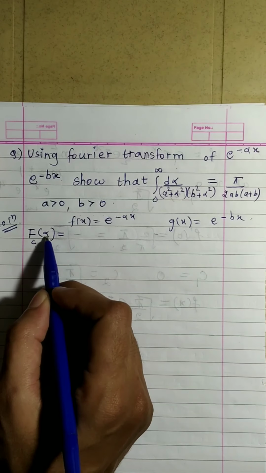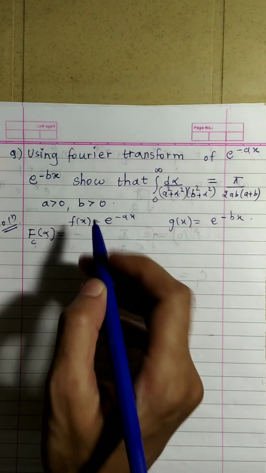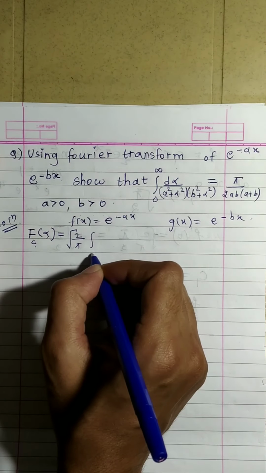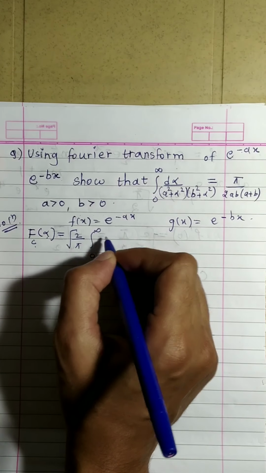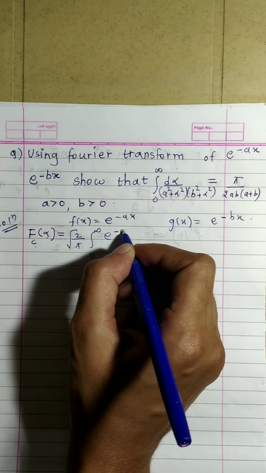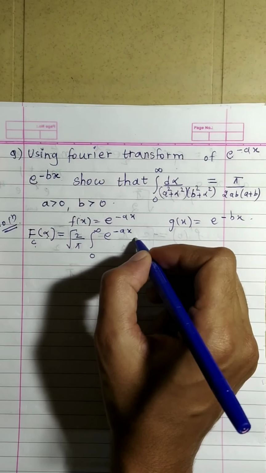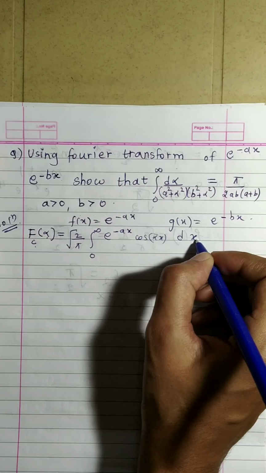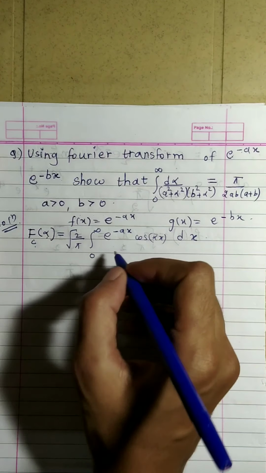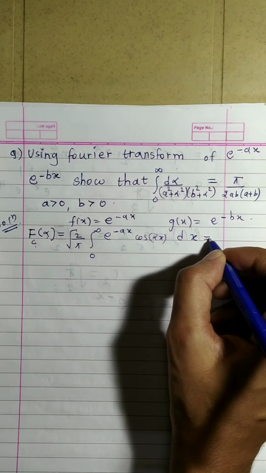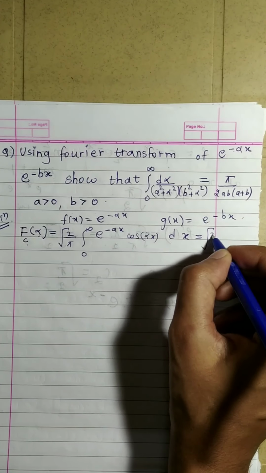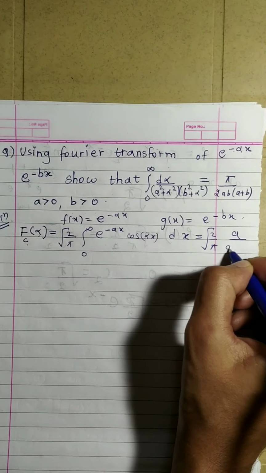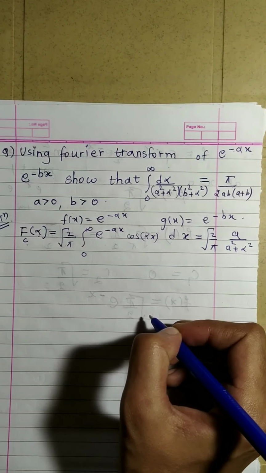So the Fourier cosine transform of the function f of x will be root of 2 by pi, integral from 0 to infinity e raised to minus ax into cos of alpha x dx, and this was coming out to be equal to root of 2 by pi into a upon a square plus alpha square.